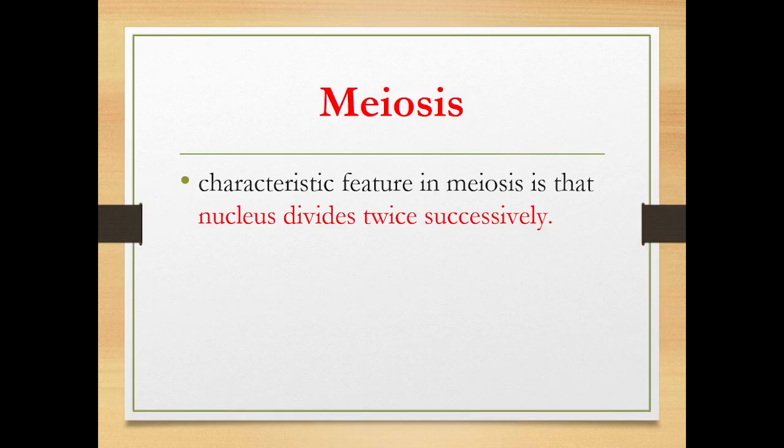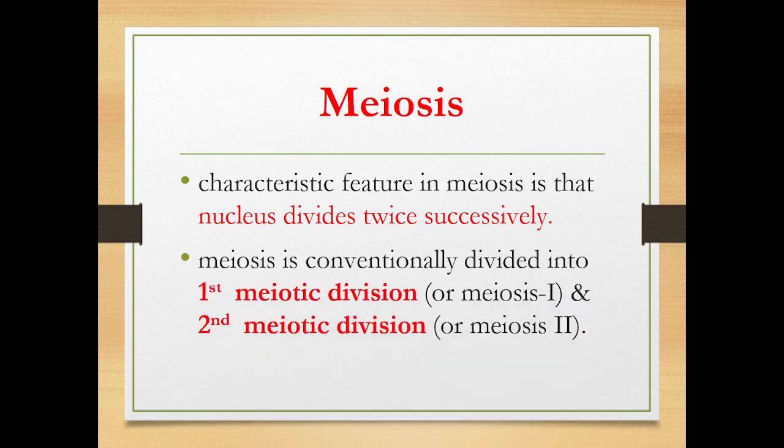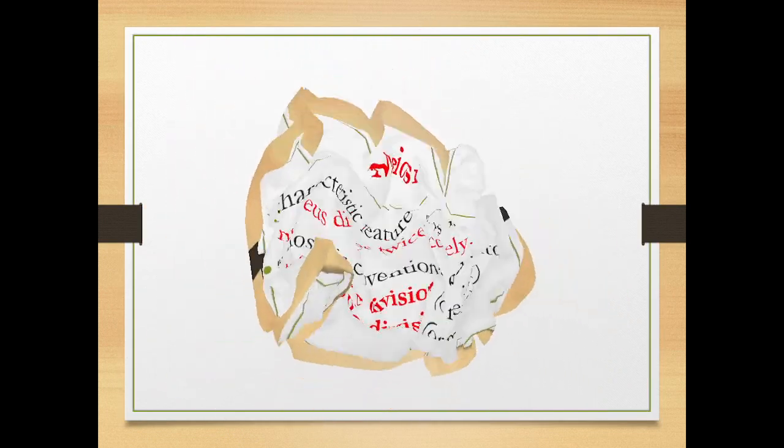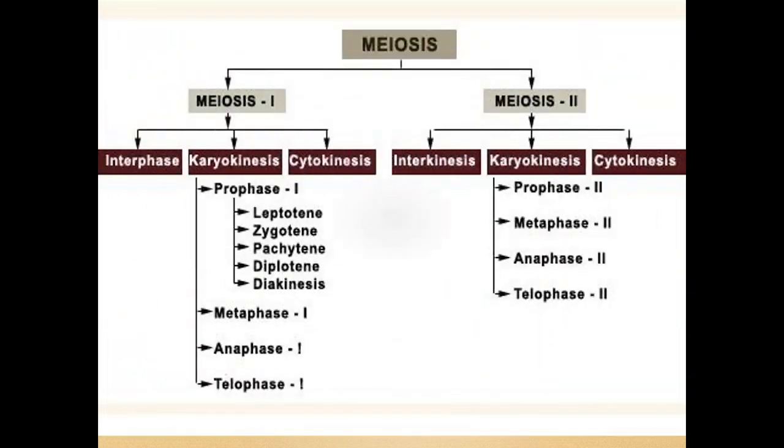A characteristic feature of meiosis is that the nucleus normally divides twice. This simply means that meiosis is a process divided into 2 categories: meiosis 1 and meiosis 2. Let's quickly look at the diagram I explained in part 2 of this same topic, the meiosis division.